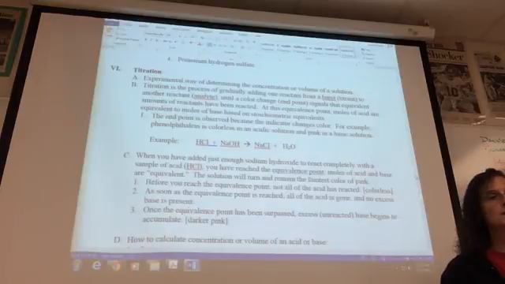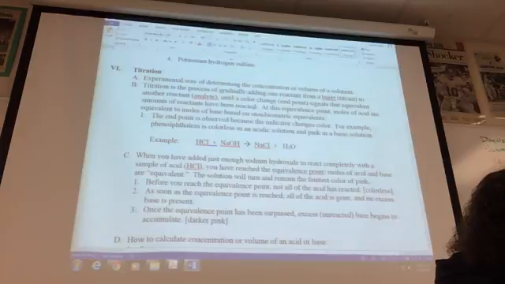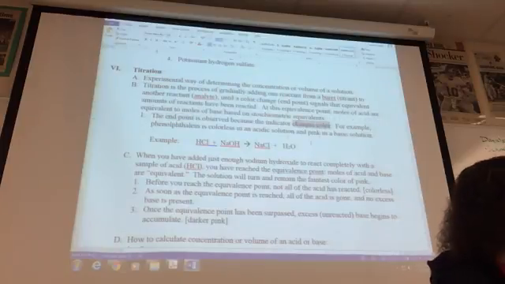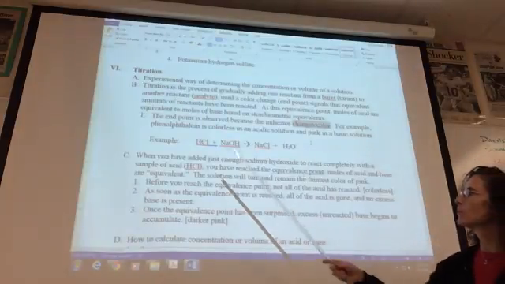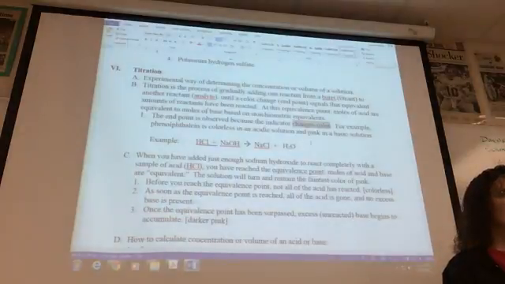You'll be able to see this point because you will get a color change, and that color change signifies the end point. So the end point is what you actually see because you'll get a change in color. For example, we'll be using phenolphthalein, and phenolphthalein is colorless in acid but turns pink in base.